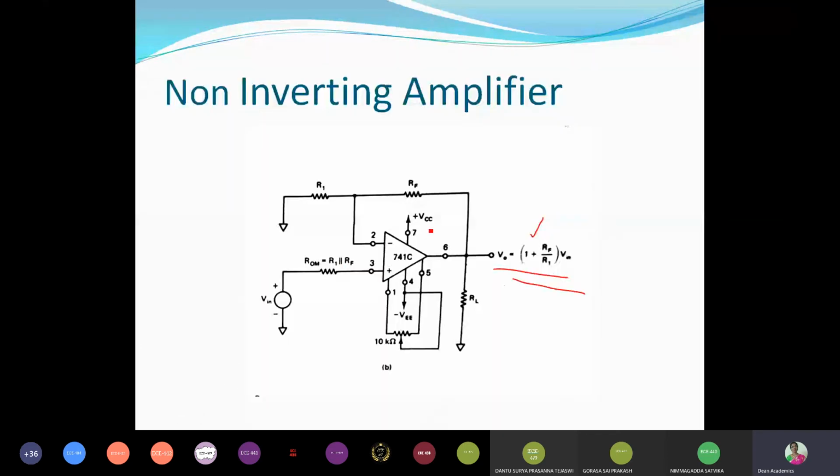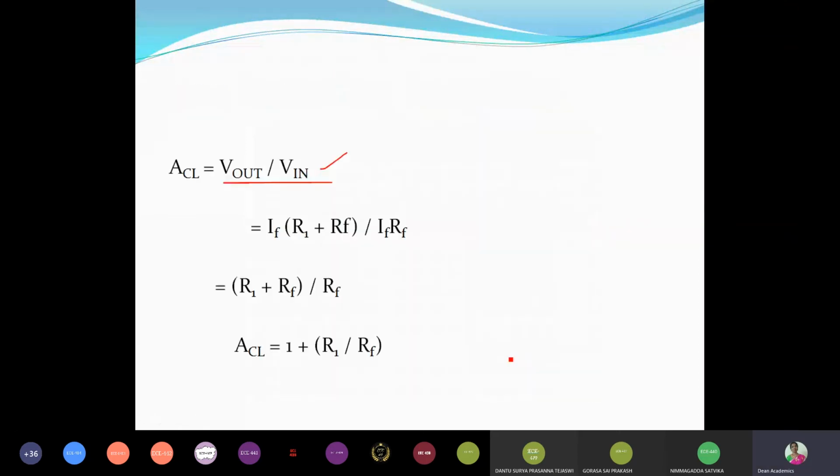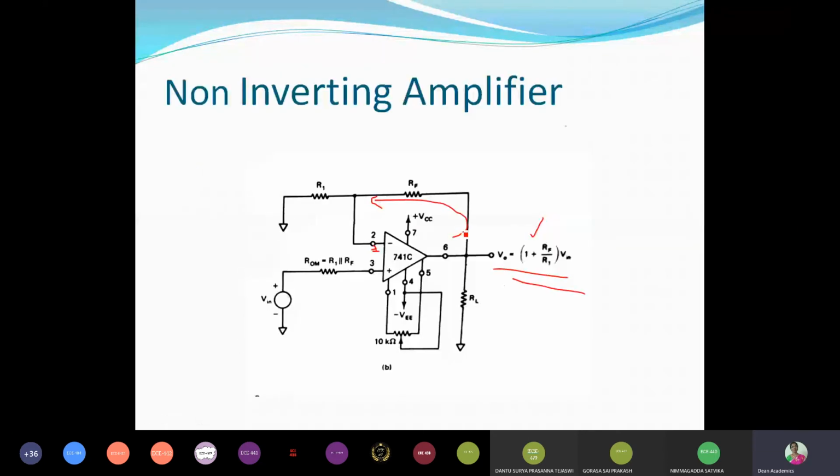V out is equal to, this is the feedback component. You just observe, this is at ground potential. Therefore V out is, you just see, this other terminal is connected to the ground. That means V out is equal to IF into R1 plus RF, where IF is the feedback current flowing through the feedback resistor.